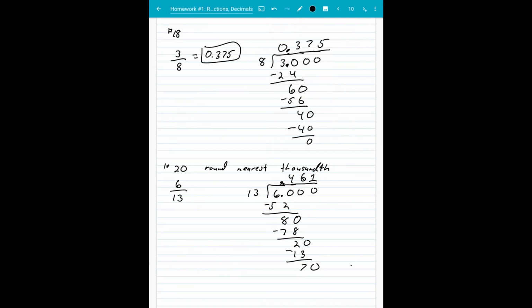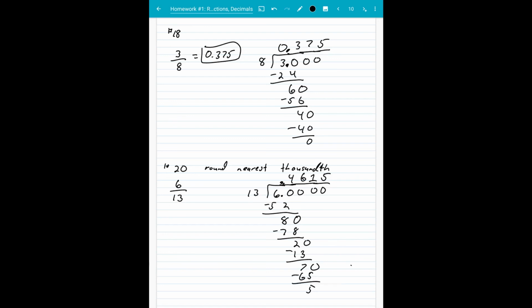Bring down yet another 0. 13 goes into 70 probably 5 times, because the last time we had 78 earlier. So 5 times. 13 times 5 makes 65.